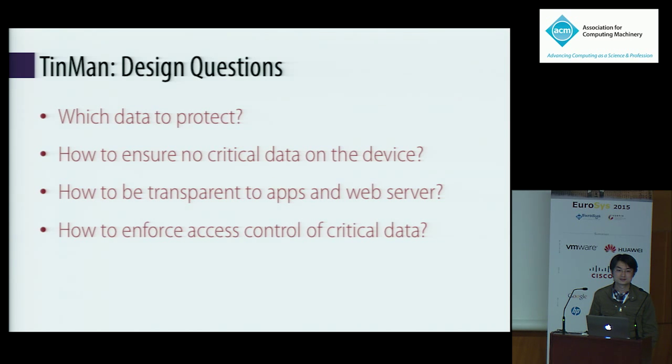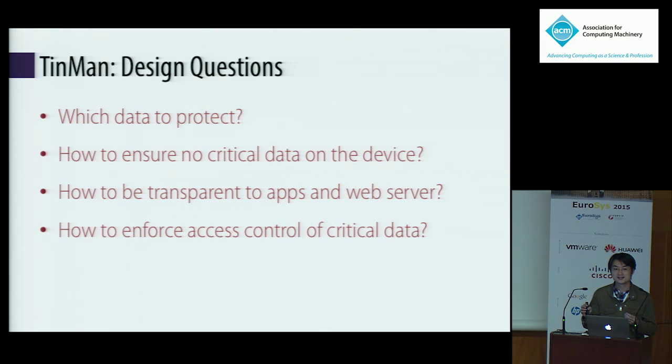Yes, actually, this is a good question. We considered this problem, and we have discussed this in the paper. The first solution is that you can use the connection between the phone and the cloud.